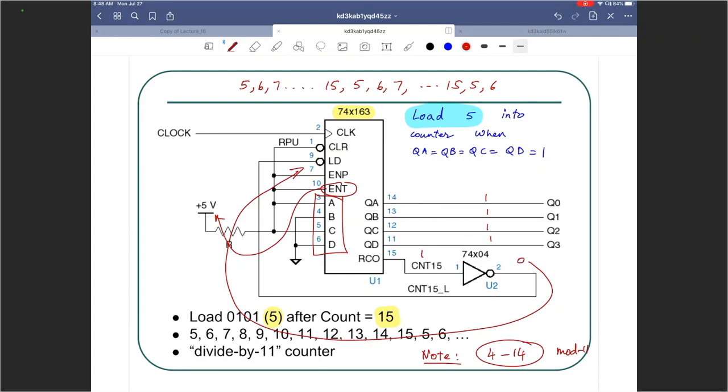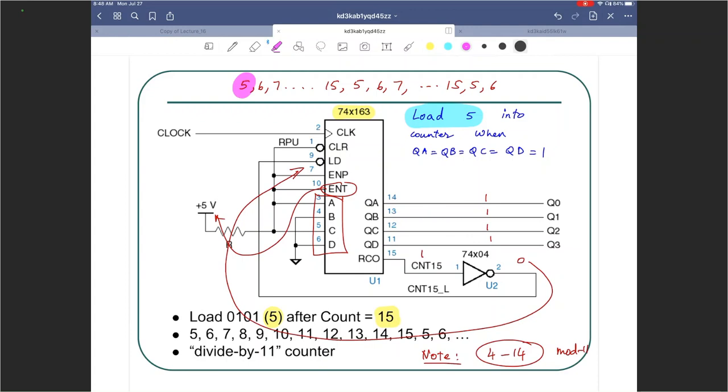Questions about this? So the first example that we saw was free running counter, 0 to 15, 0 to 15, and so on. The second one was start at some user defined value, but stop at 15. So what if I only want to count from 0 to 5? Right. So we are coming to that in just a moment.